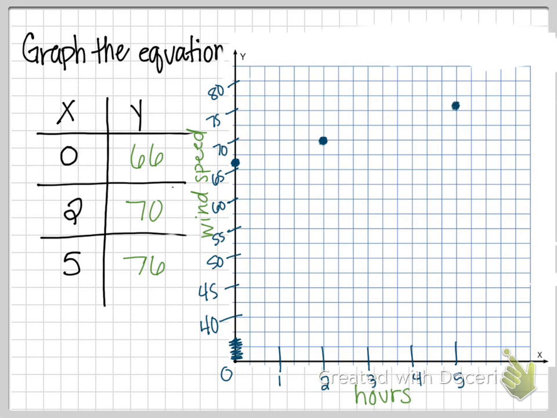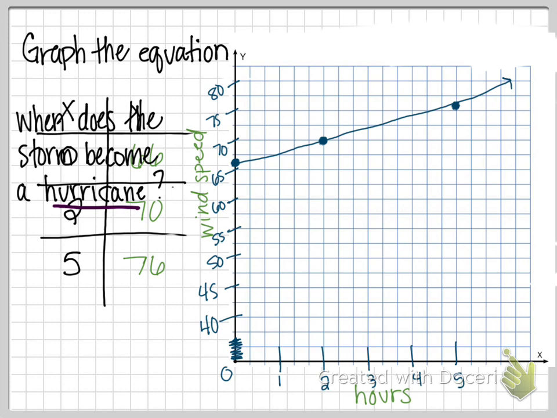So now I can see how my equation looks when it's graphed, okay? I do not have to connect these points, but I could if I wanted to. So if I wanted to see with a line the behavior of a storm, we can see that as the time passes, the storm is going faster and faster, right? The wind speed is increasing.